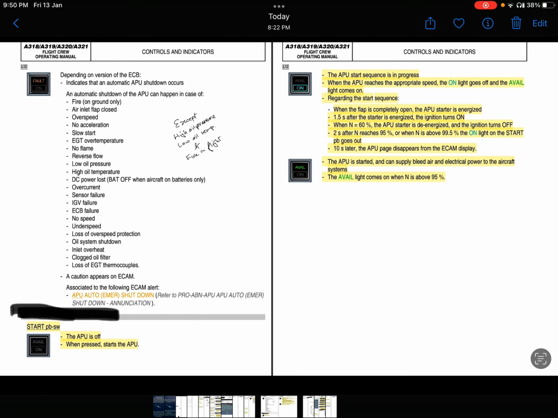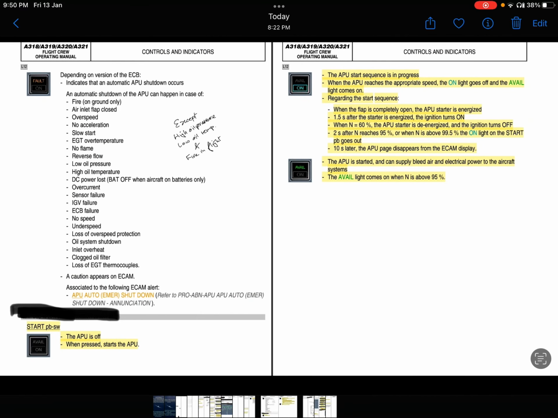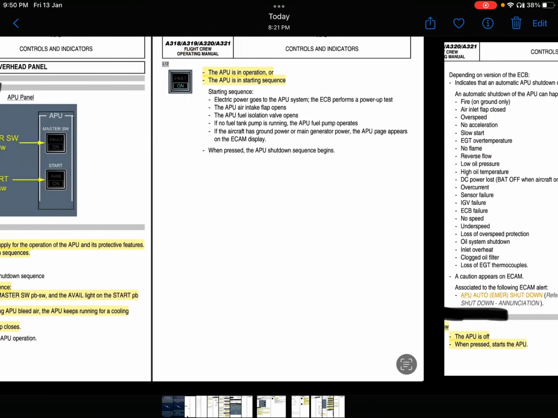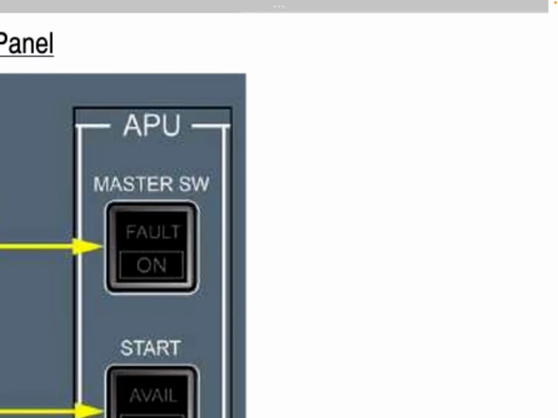Now talking about the same master switch, when does the fault light on this master switch come?